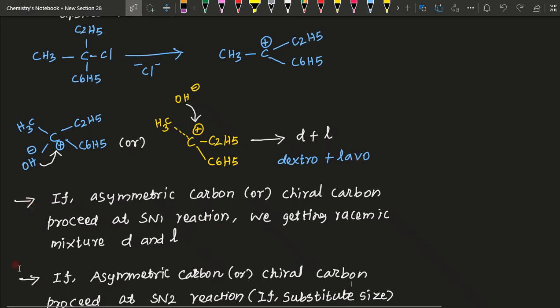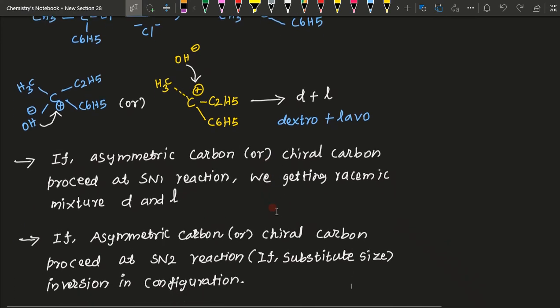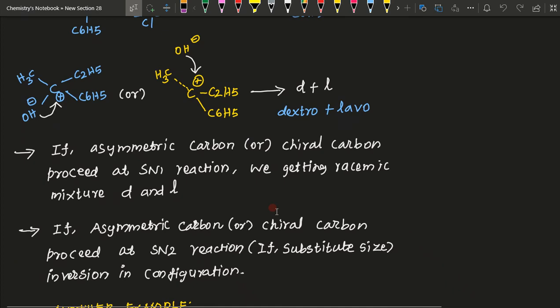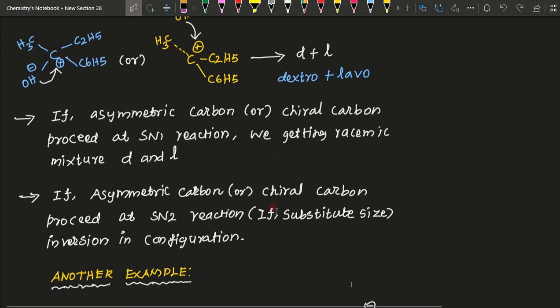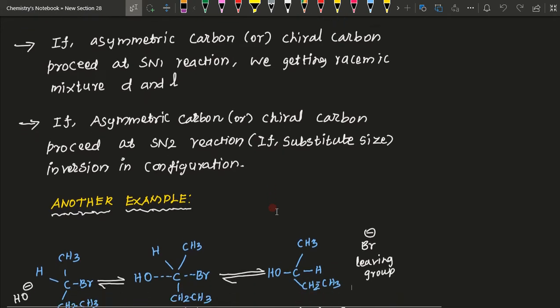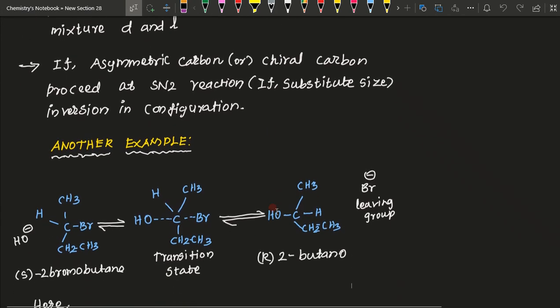If an asymmetric or chiral carbon proceeds by SN1 reaction, we get a racemic mixture, D and L, dextro and levo. For another example, see below.